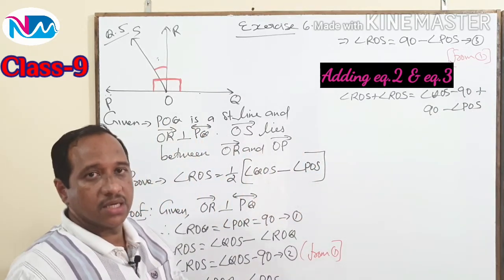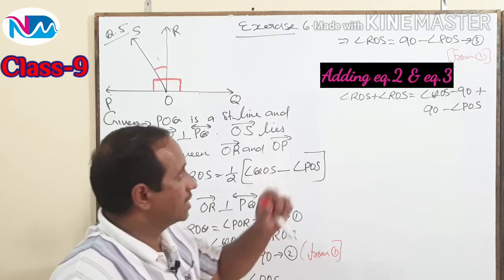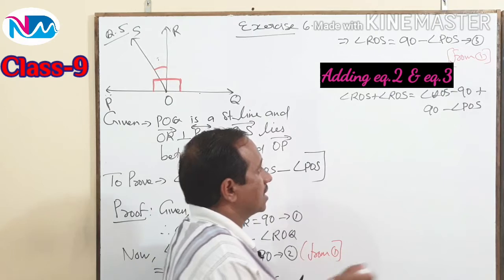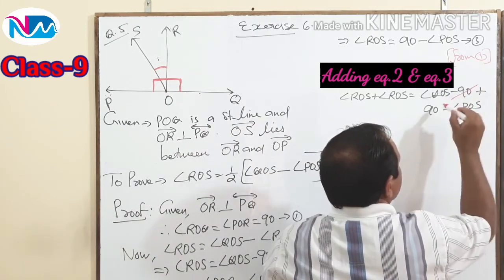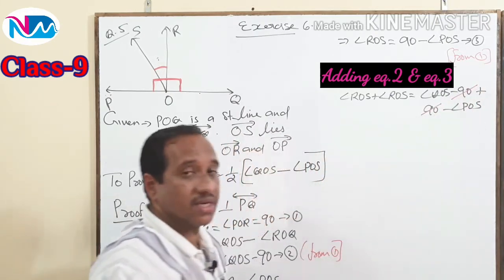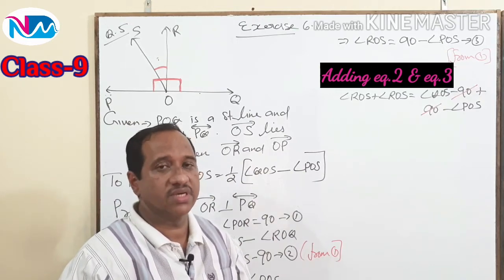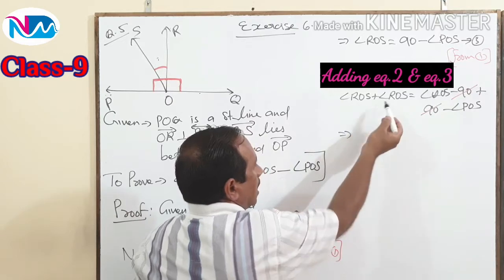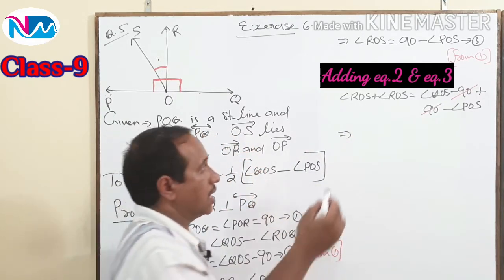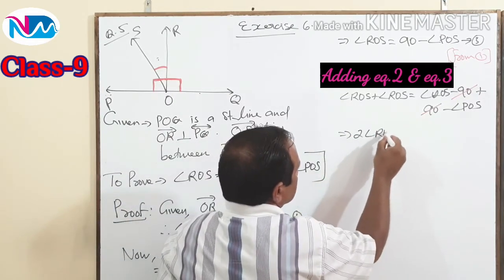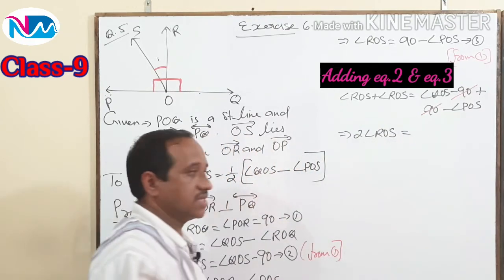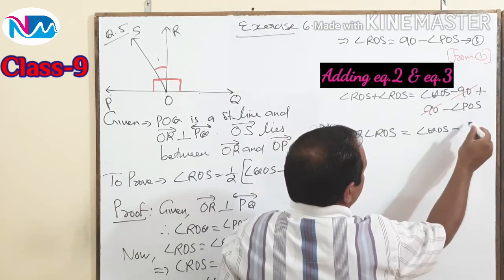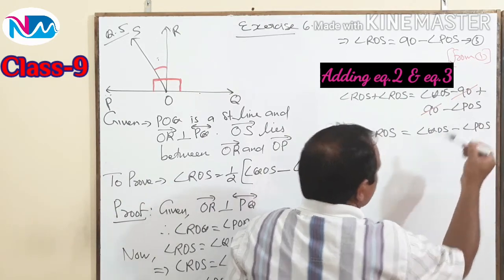So by adding equation 2 and 3 we are adding LHS and RHS. And you can see that in the RHS we have a minus 90 plus 90, that will get cancelled because their sum is equal to 0, and in the LHS angle ROS plus angle ROS is 2 times angle ROS, which is equal to angle QOS minus angle POS.